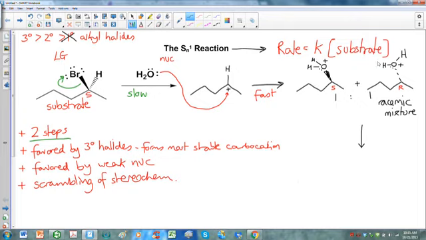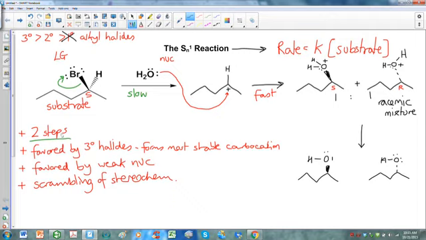We have a proton transfer reaction that happens at the end where the extra proton is removed from here, and so we end up with one alcohol that looks like this, and then the other alcohol that's the enantiomer of the one I just drew, which looks like this. Okay, two enantiomeric products. So the SN2 reaction always forms one product, the SN1 reaction always forms two enantiomeric products.